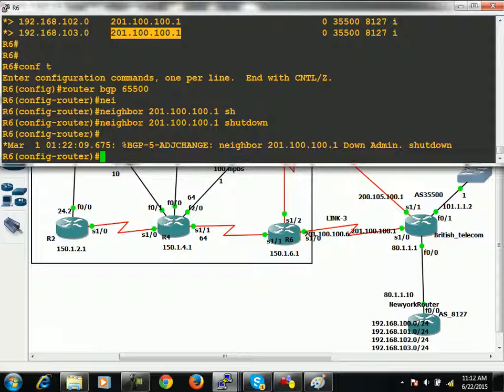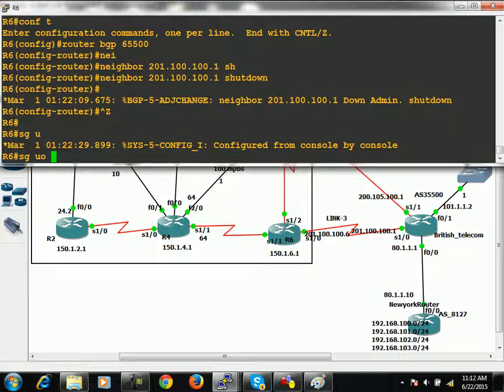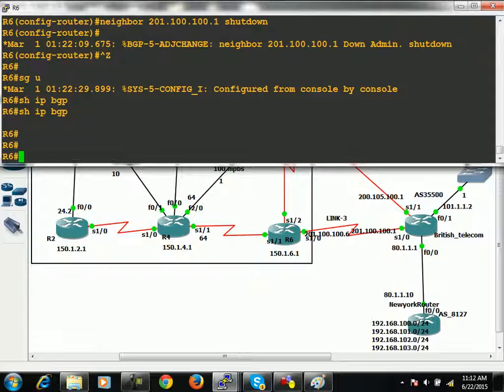So now it has gone down. It should have received these prefixes now via R1. Is it receiving these prefixes coming from R1 now?